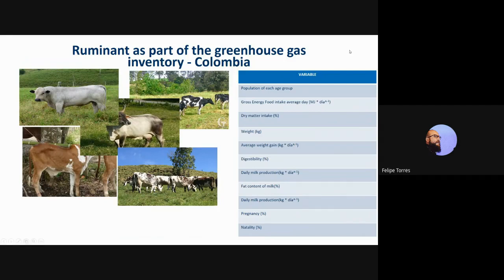At the beginning of the inventory, we used spreadsheets in Excel. It was hard work for us, so we contacted SIAT for the model, to make our job easier in the inventory team.